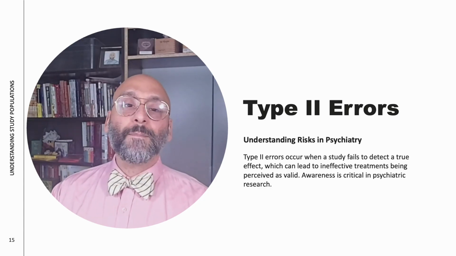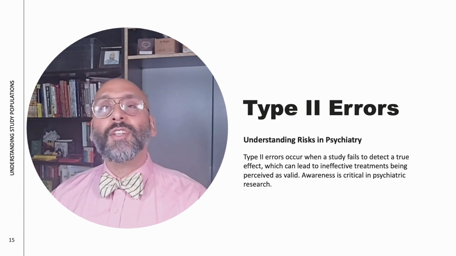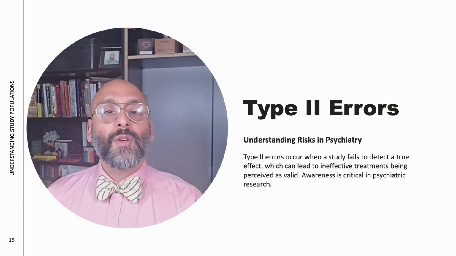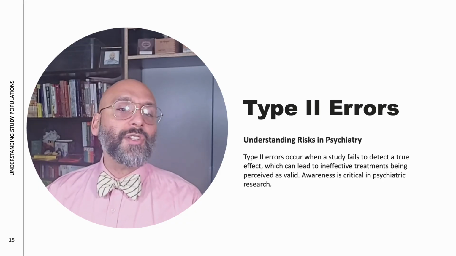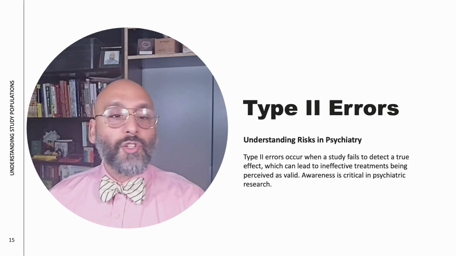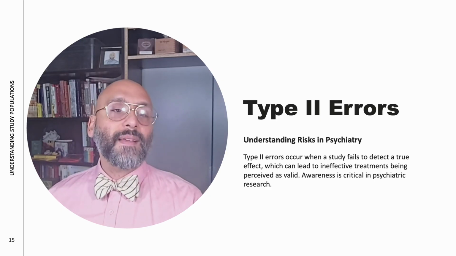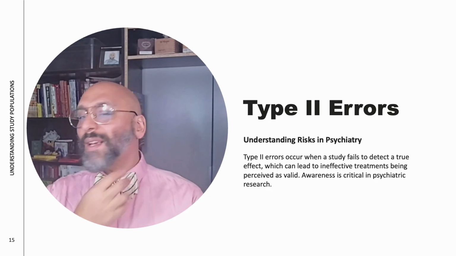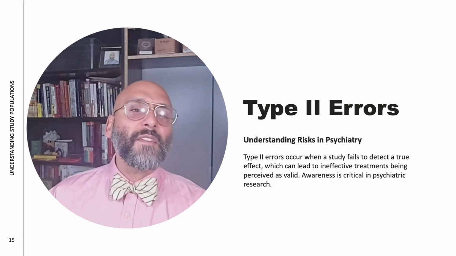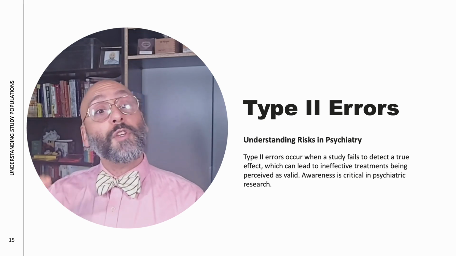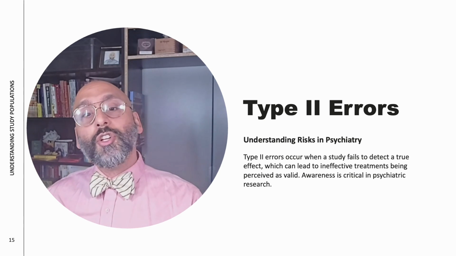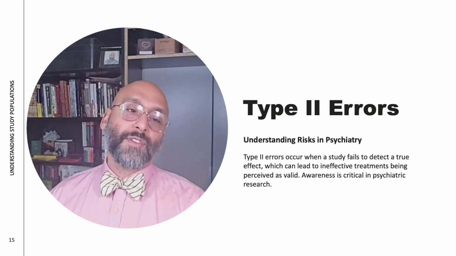So clinically, the consequence of a type 2 error is going to be under-treatment. We may abandon useful medications and combinations and dosing strategies because the trials were underpowered to detect the benefit. So this helps explain why some treatments appear ineffective in early studies but prove useful in later, larger, or better designed trials.